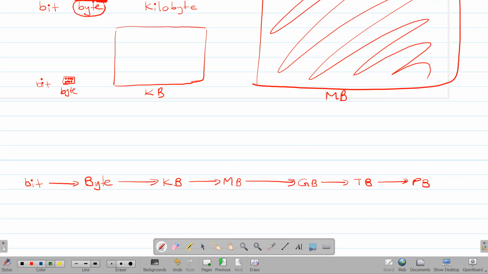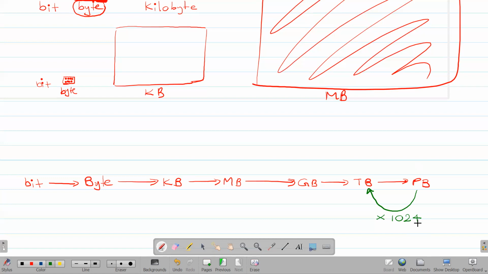So how does the conversion happen? To convert petabyte into terabyte, you need to multiply by 1024, because 1 petabyte equals 1024 terabytes.